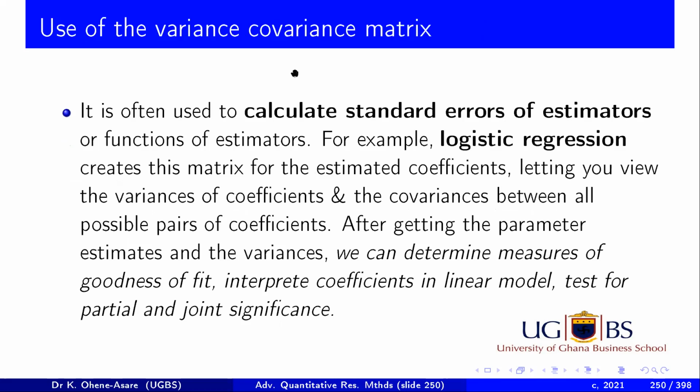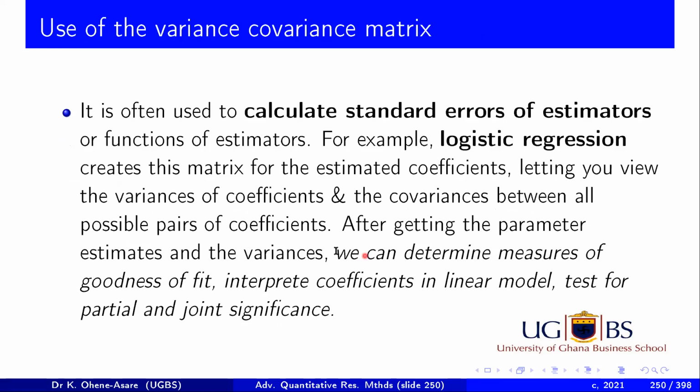Now, let me tell you a practical use of this. It is often used to calculate standard errors. When we get to the regression very soon, you'll see that the coefficient estimate divided by the standard error will give you the t statistic or the t value. Then you read the t value from the table and you get a p-value. It is the p-value we normally use to determine whether a particular coefficient is significant or insignificant.